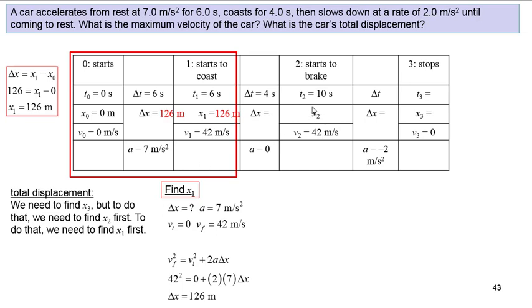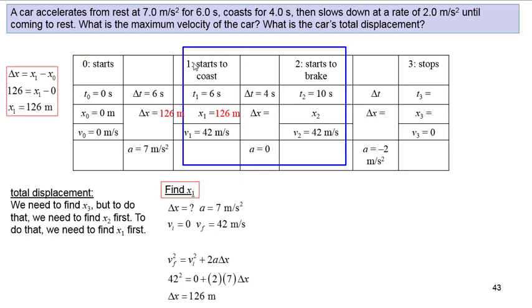Now let's move back to trying to solve for x2. So to solve for x2, I'm going to pick two columns that have x2 in it. I could either do this one, or I could do these ones. Let's do these ones because I have more information here now. I filled in something else. So at this point, I want to know delta x because that's going to help me get to x2.